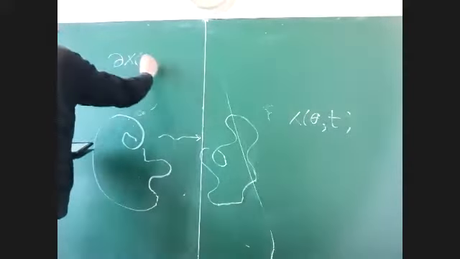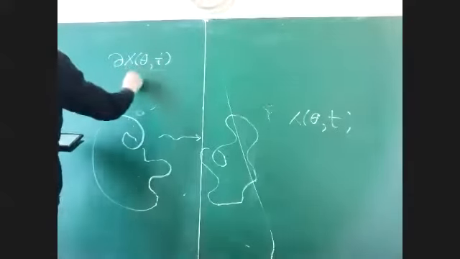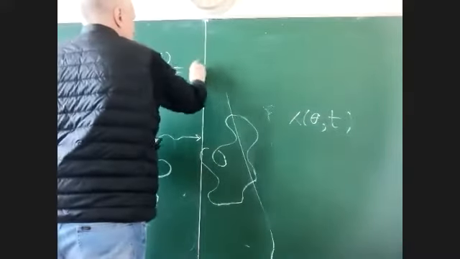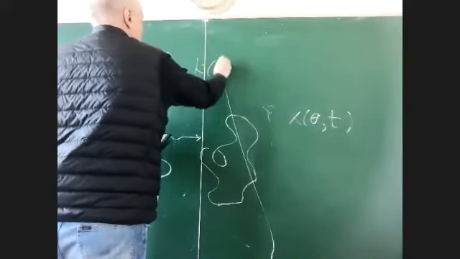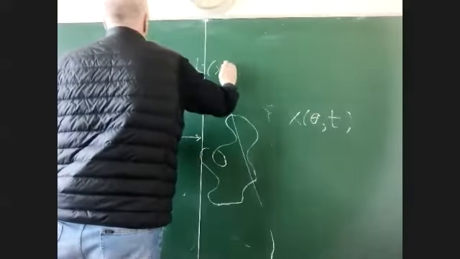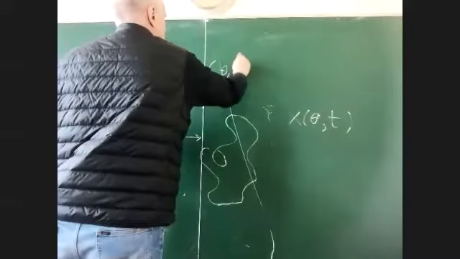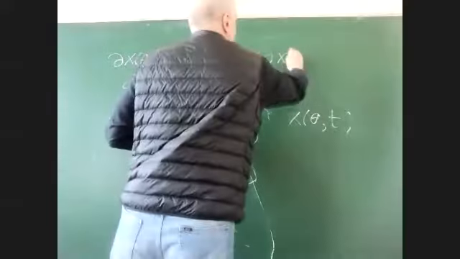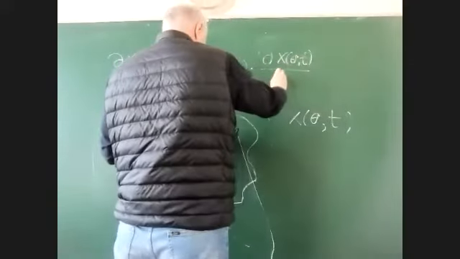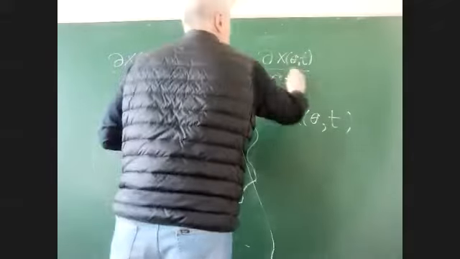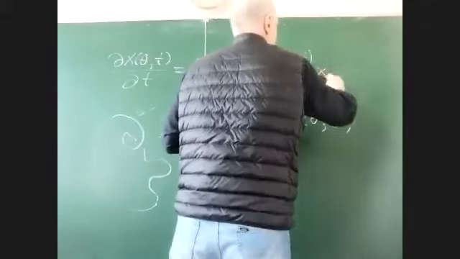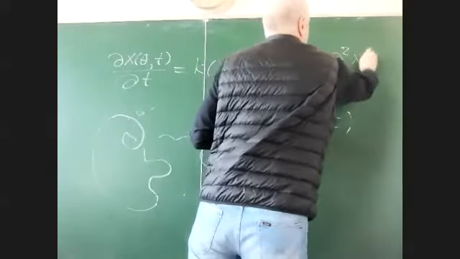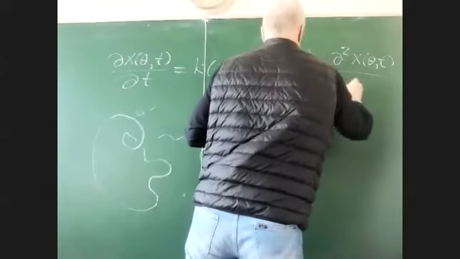dx(theta)/dt will be equal to some coefficient k depending on theta, multiplied by dx(theta)/d theta, and here is a vector product, with d2x(theta)/d theta squared.